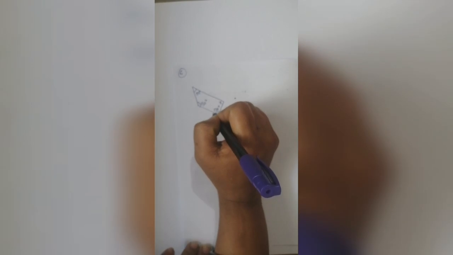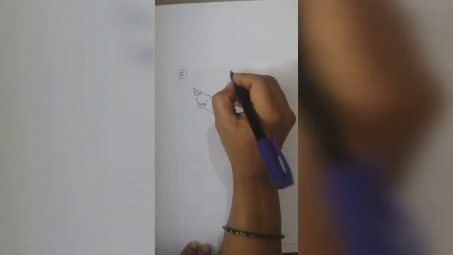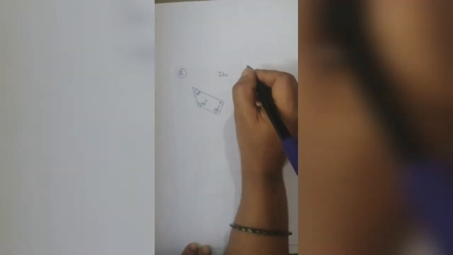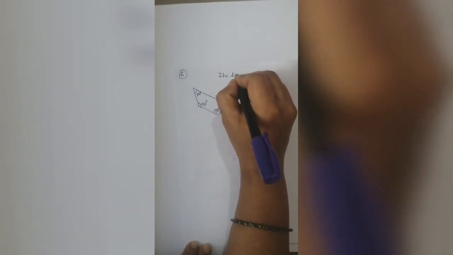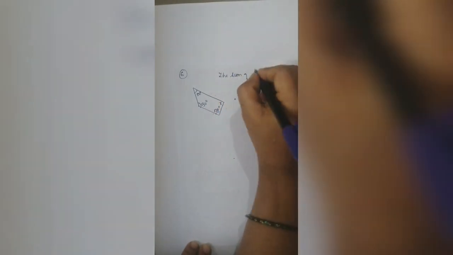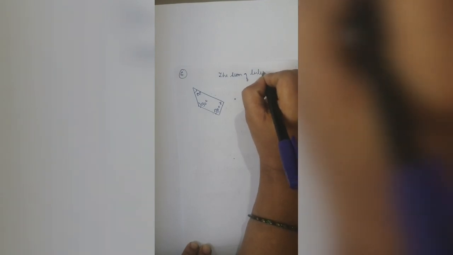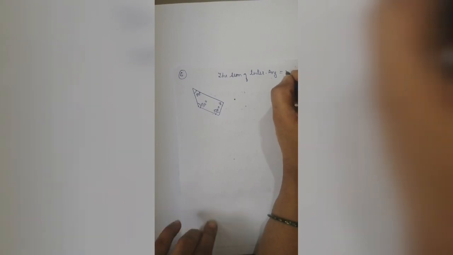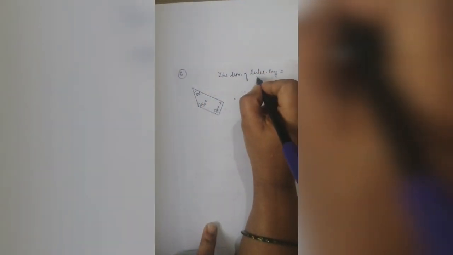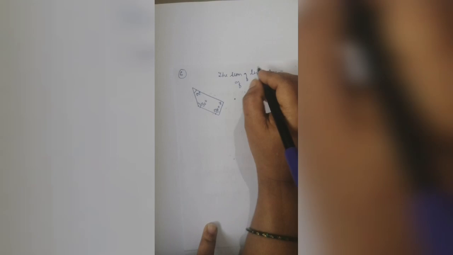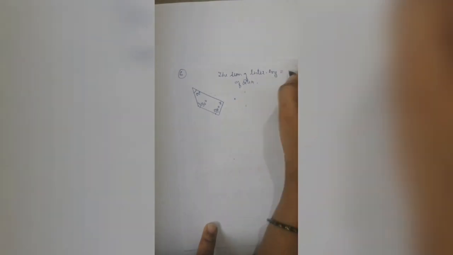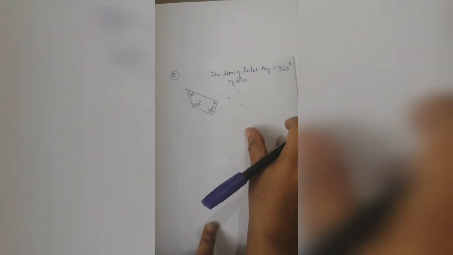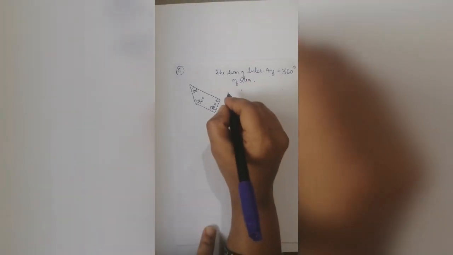Therefore, to solve this, first write down the sum of the interior angles of a quadrilateral is equal to 360 degrees.